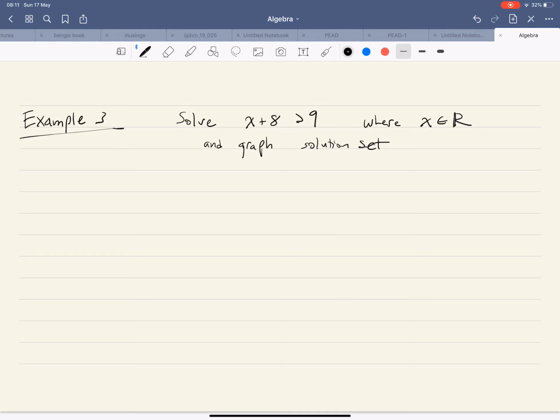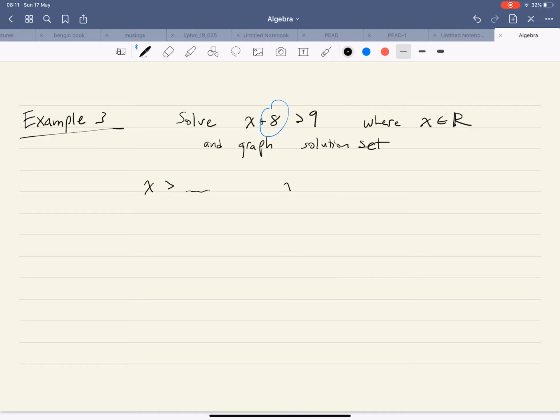Okay, so here we again want to wind up with x by itself, x greater than something, right? But we've got this pesky 8 on the same side as the x.